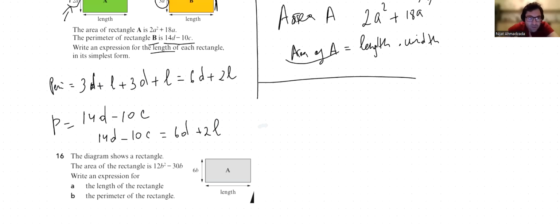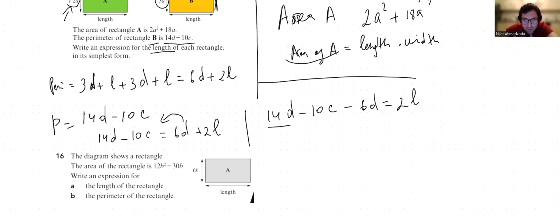So now I have 14D minus 10C minus 6D, because I took this 6D to the other side of the equation. That's why it's minus now. Minus 6D is the same thing as 2L. Now, 14D minus 6D will be 8D minus 10C, which is the same thing as 2L.